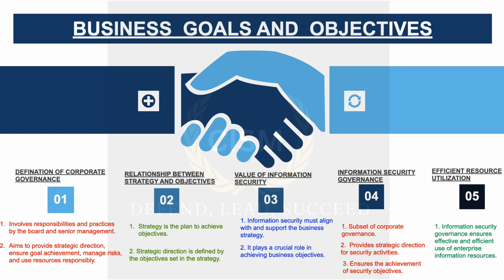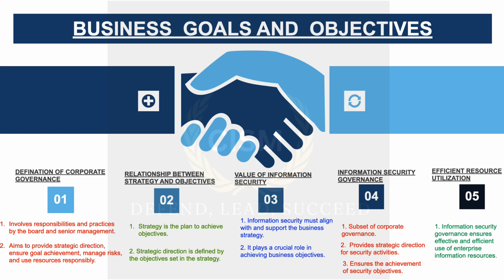Moving next, the point states about information security governance. Friends, information security governance is a subset of corporate governance. It provides strategic direction for security activities. And third, it ensures the achievement of security objectives. Information security governance operates as a subset of corporate governance, offering strategic direction for security initiatives.